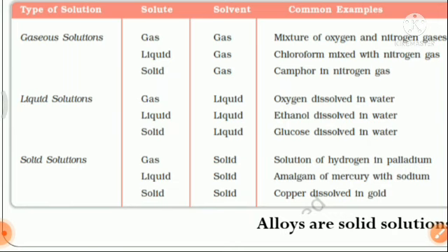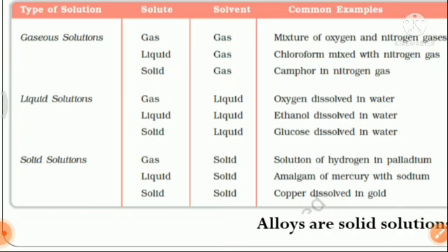Instead of chloroform, you can also make very small droplets of water and mix them into any gas or into air, and it will form a homogeneous mixture. That can also be an example of a gaseous solution.